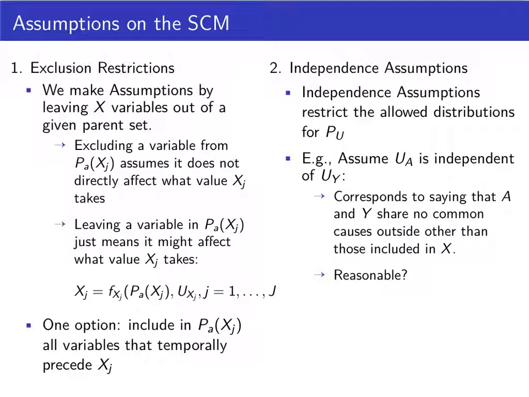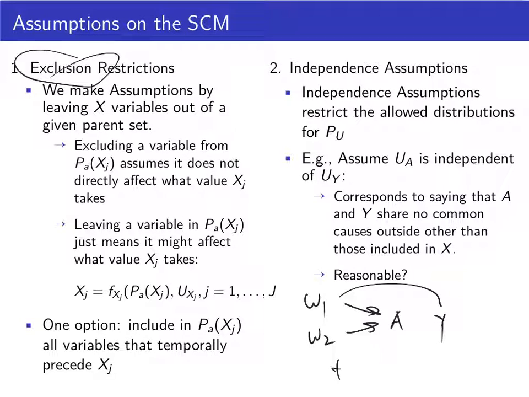Okay, then we're going to get slightly more technical, and I'm going to go slightly quicker before we take our break because it's less important. It's just certain other complications you can add. You can make exclusion restrictions, which is just to say I can have variables that come in the past, but I'm going to assume they don't cause A. I could have a W1 and a W2, and maybe they both go to A, let's say, but only one of them goes to Y, and time goes this way, right?